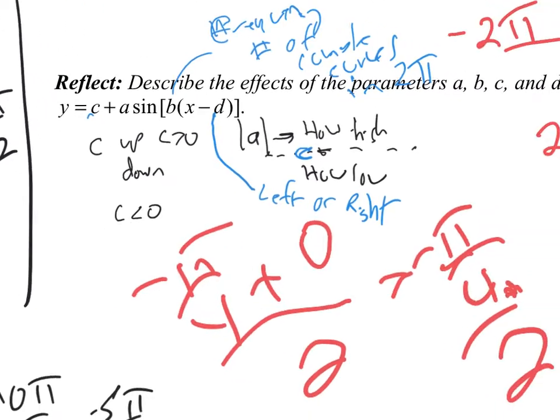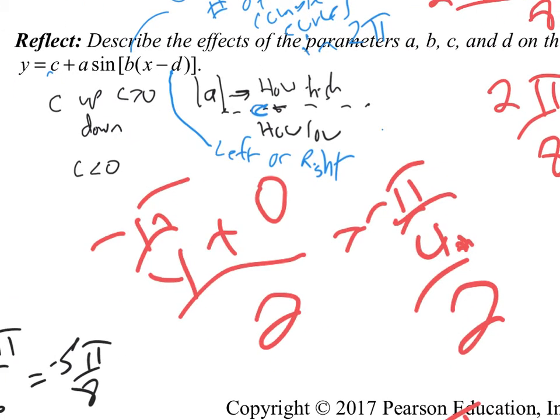If D is greater than 0, then you're going to the right, because all you get is a minus a positive D. That turns into minus, so that means you go to the right. D by itself less than 0 makes it a minus minus. Therefore, it will go to the left.